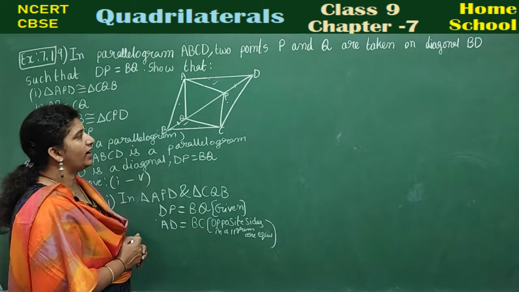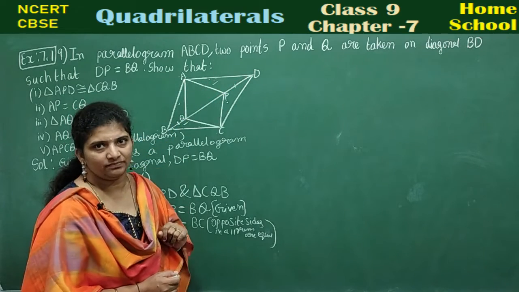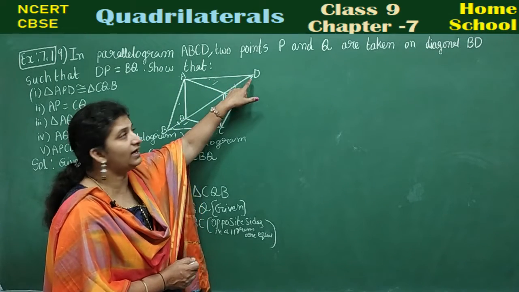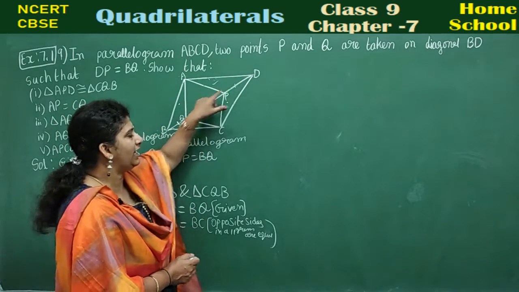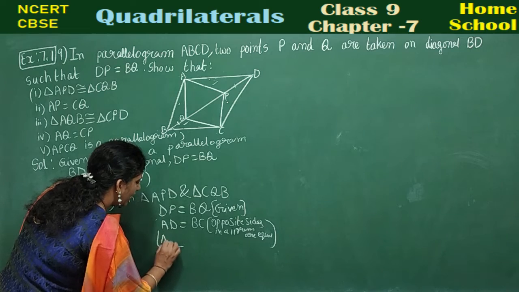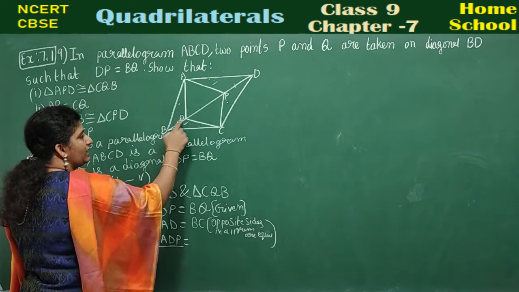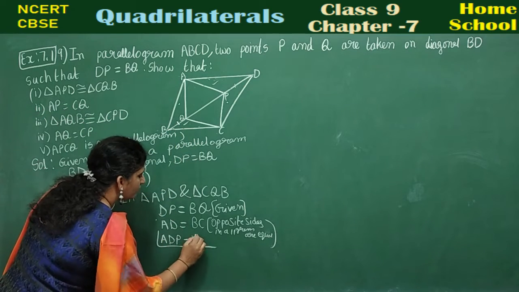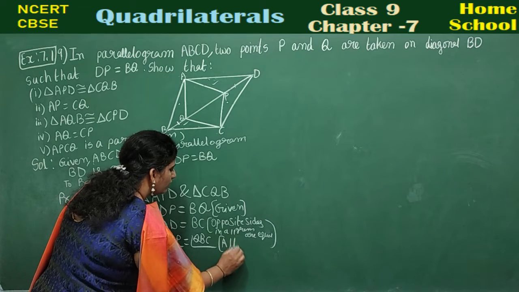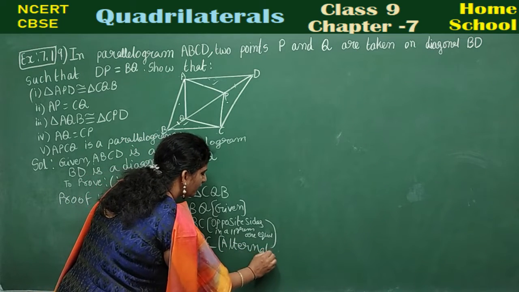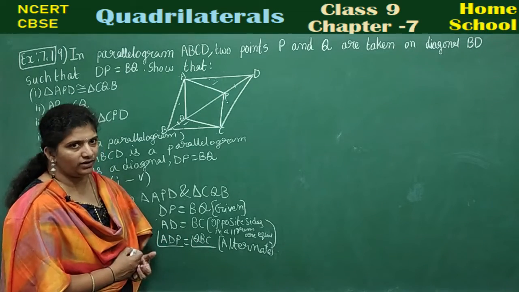Okay. Next, what can I say? Angle ADP, you say; I should not say angle D, because angle D comes under the full complete angle. So angle ADP is equal to angle QBC. Reason: alternate angles in a parallelogram are equal.